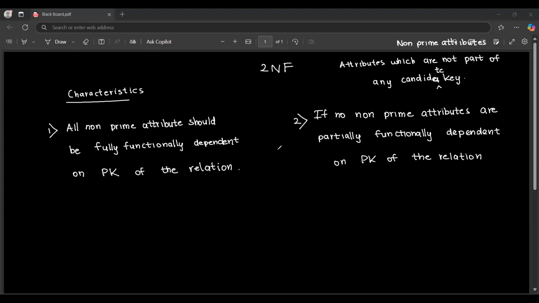If something is not in 2NF, it should look like this.